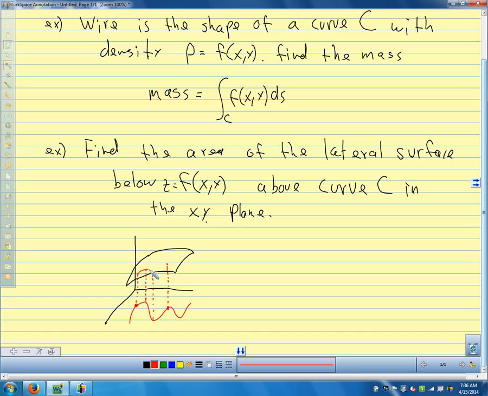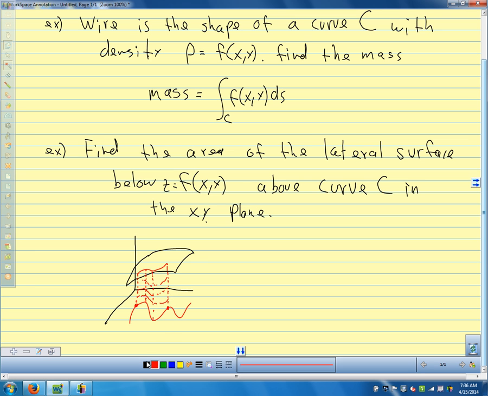So here's that curve projected onto the surface. We're looking for the area of this little piece. We're projecting the curve onto the surface, and we want the area of this piece here.